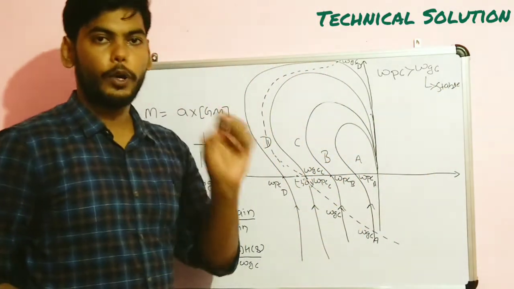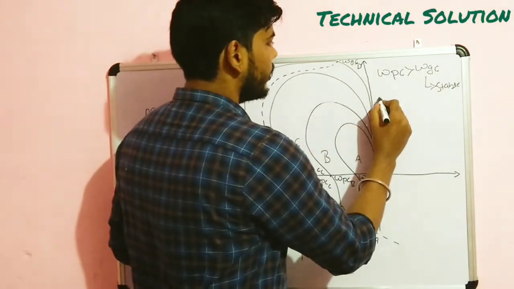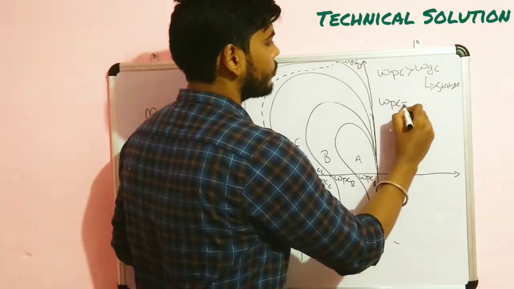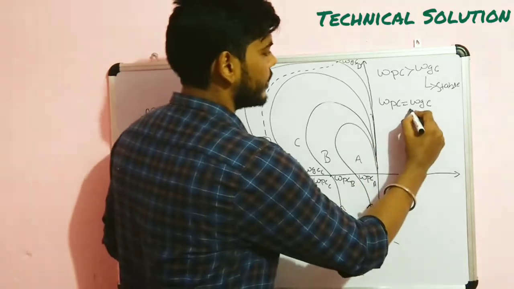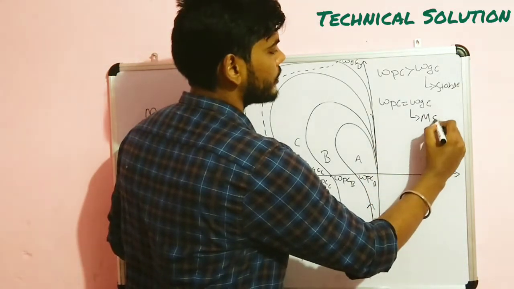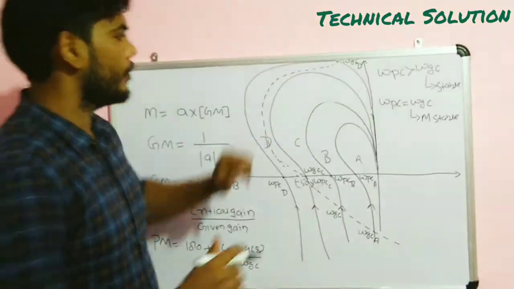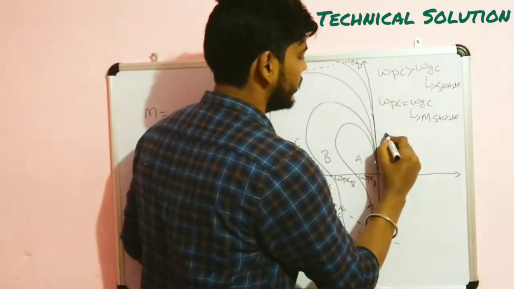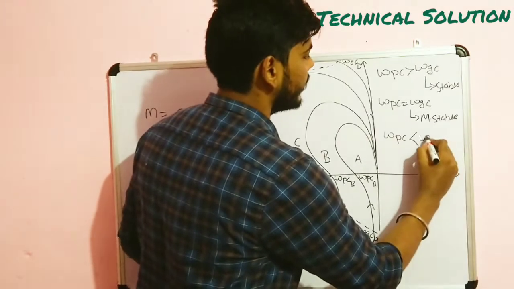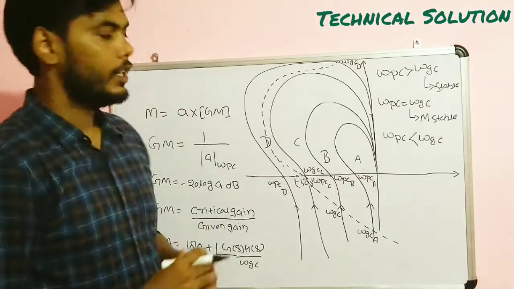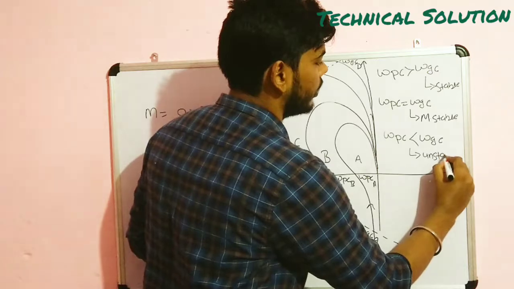It is a very important point from the question point of view. When the phase crossover frequency is equal to the gain crossover frequency, the system is marginally stable. When the phase crossover frequency is less than the gain crossover frequency, the system becomes unstable.